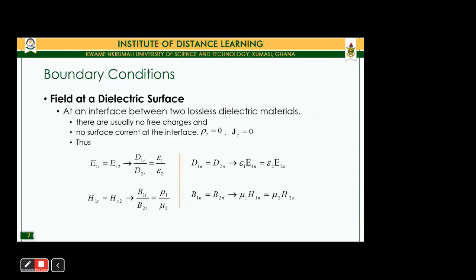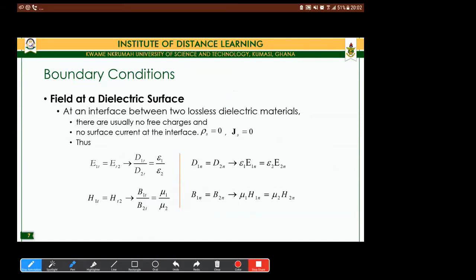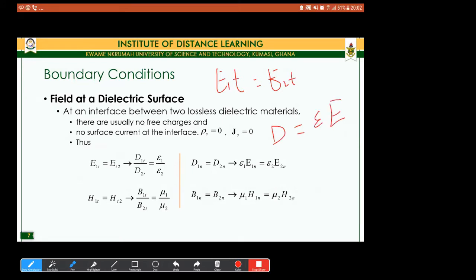So this treatment is very similar to the treatment we've had for the static electric field and for the static magnetic field. Because we said earlier that E1 tangential equals E2 tangential, and remembering the relationship between E and D, D equals epsilon E. So E must be equal to D divided by epsilon.